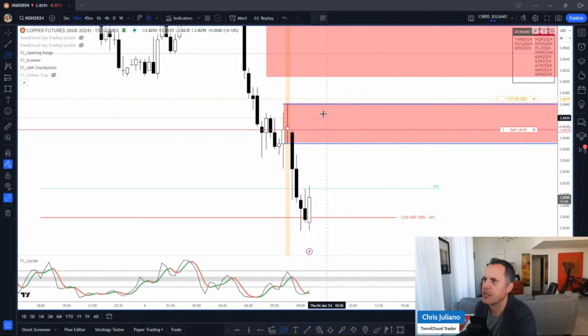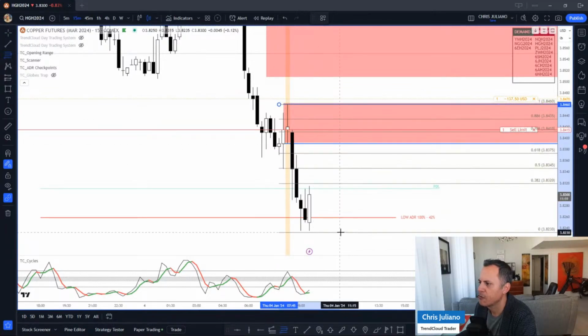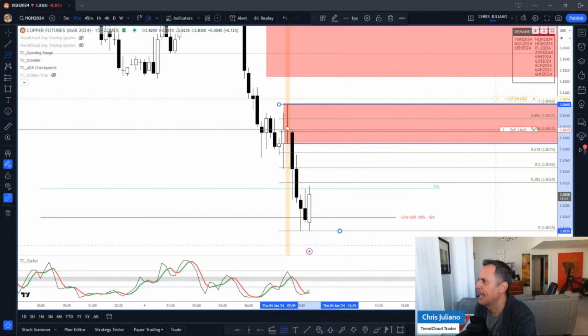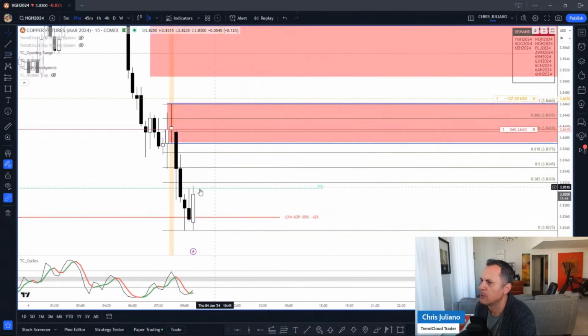Let's put Fibonacci on here, swing high to swing low. And look at that, we've got a 786 and an 886 retracement level right inside of this opening range. So this would be a deep pullback if we hit that 786 line, that is a Fibonacci level.